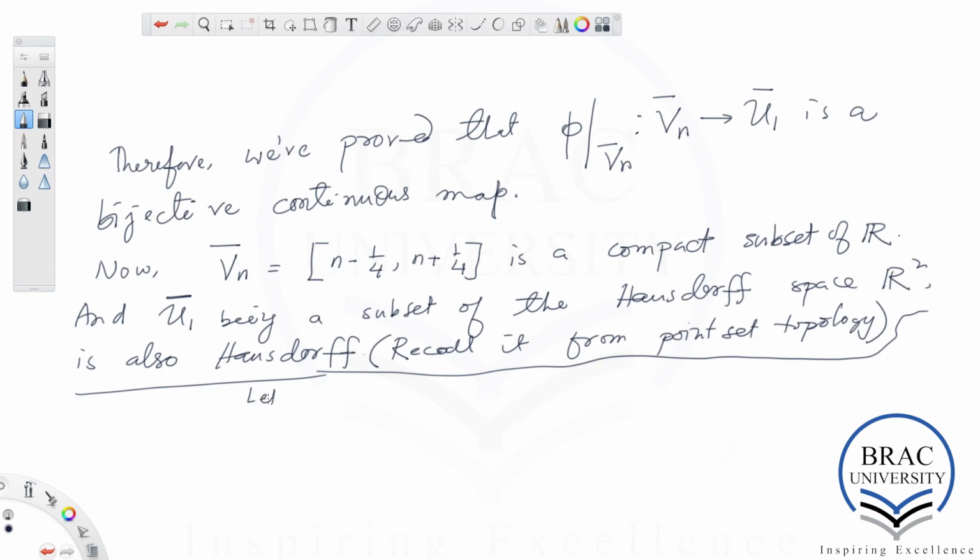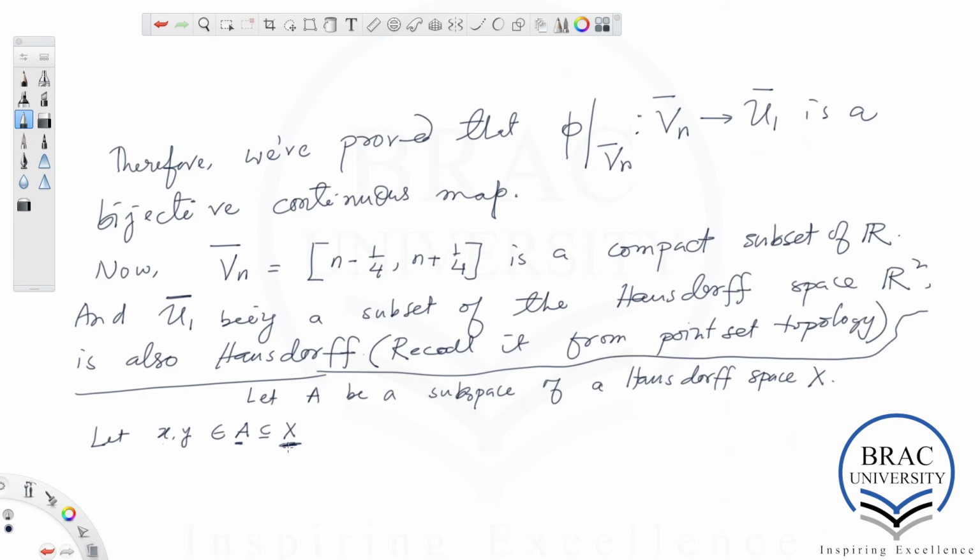Let A be a subspace of a Hausdorff space X. Let x and y be 2 points in A. Since x and y are points in A, they are also points in X, because A is a subset of X. Since X is Hausdorff, you can find two disjoint open sets in X containing x and y.